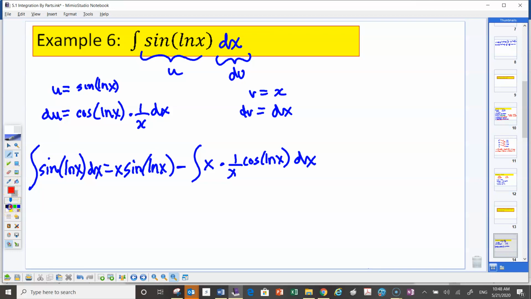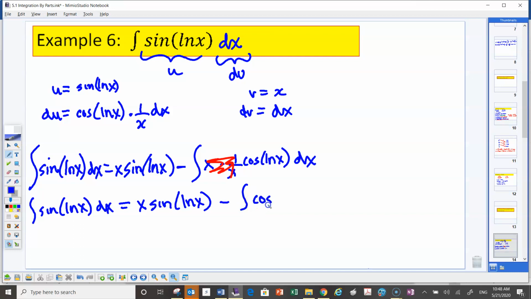Note that here these x's will cancel, and I have my original question, which is the integral of sine of ln x dx is equal to x sine ln x minus the integral of cos ln x dx.